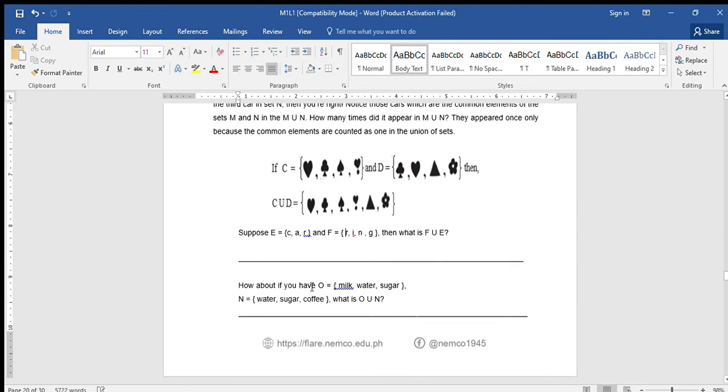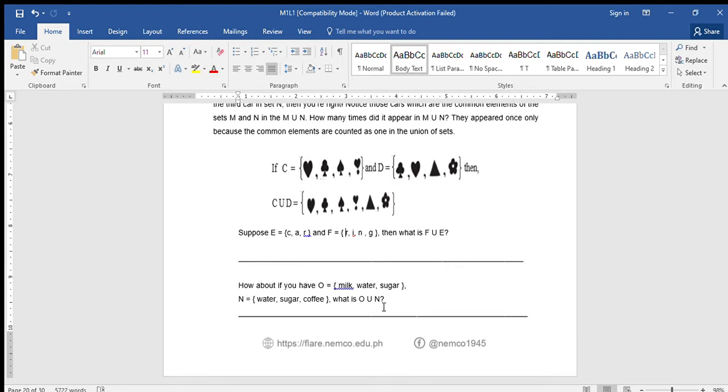Okay? How about if you have O is equal to milk, water, and sugar, and N is equal to water, sugar, and coffee. So, unsa man nga to O union N? So, may ato O union N. We have milk, sunod, water, sunod, sugar, tapos coffee.